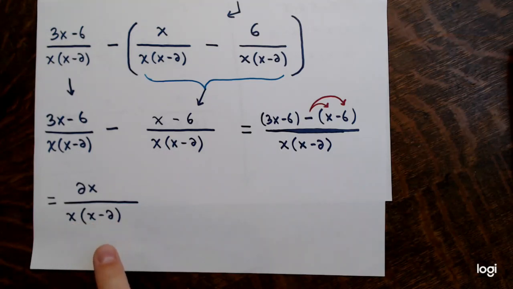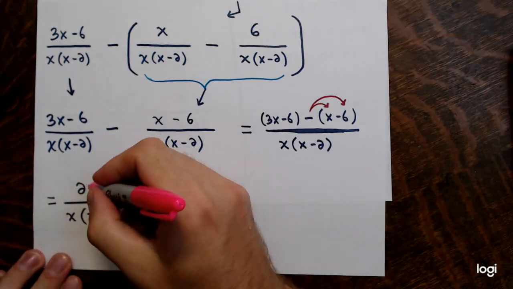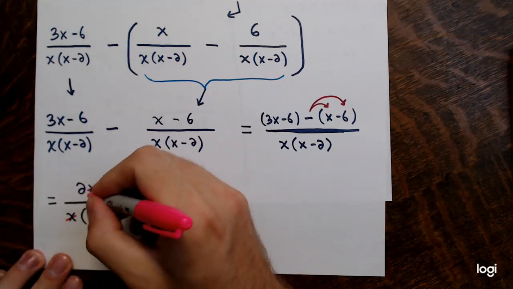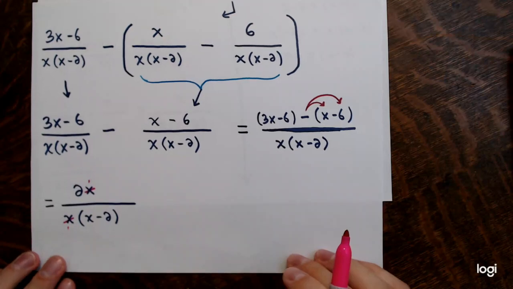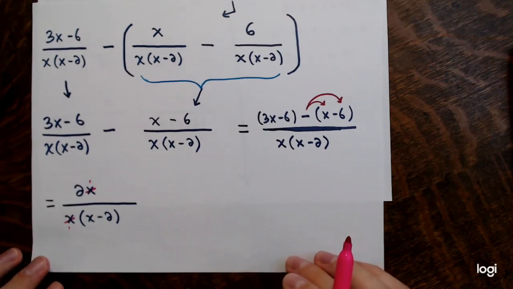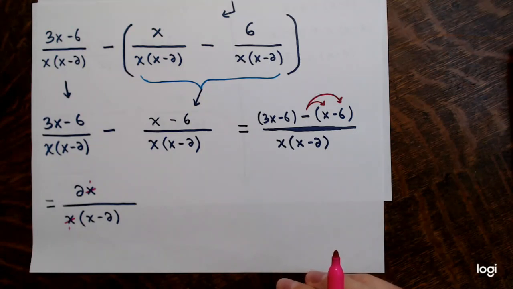And then you cancel common factors, and I am seeing a common factor of x. Right, there's x there, x there. Remember, those technically become the number 1. When you divide out common factors, it's dividing something by itself, which would make the number 1.